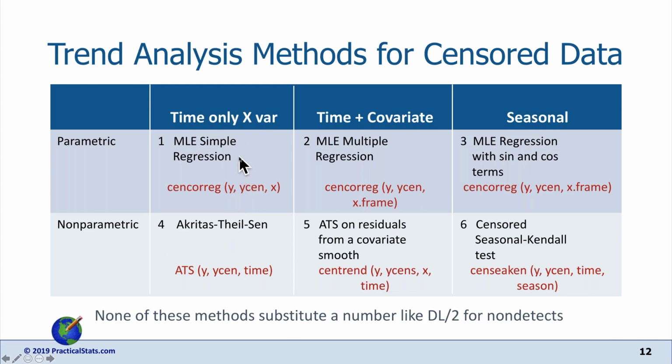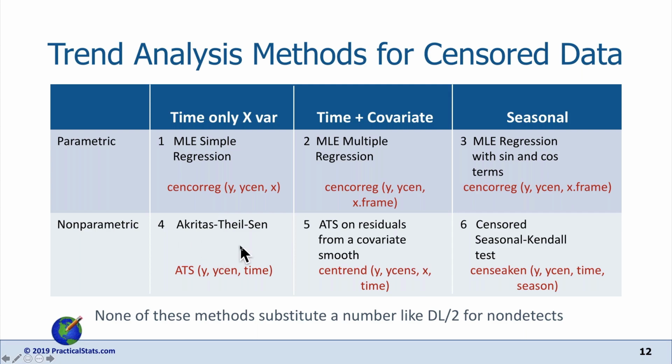You can look at Y versus X, where X is time, with regression. And we're going to do a version of regression for censored data with maximum likelihood estimation. And again, the correlation and regression webinar of several months ago gives you more detail than what we'll do today.